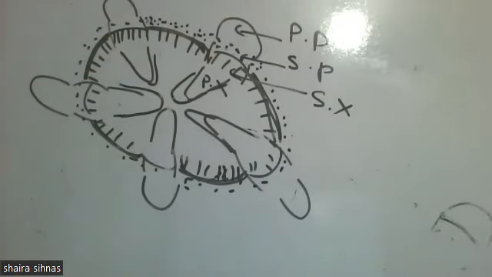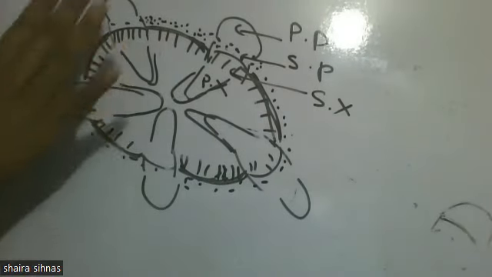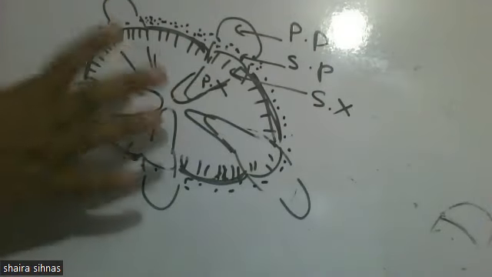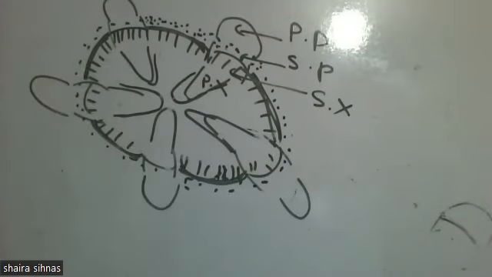So two new rings are formed. This is the first type of secondary growth that happens in the dicot stem. Okay, right. So this is about the vascular region division, right?